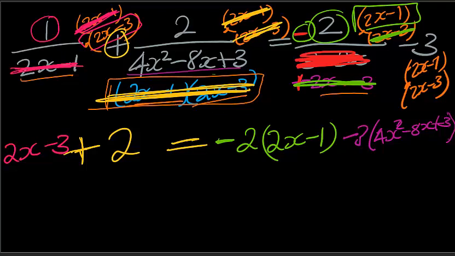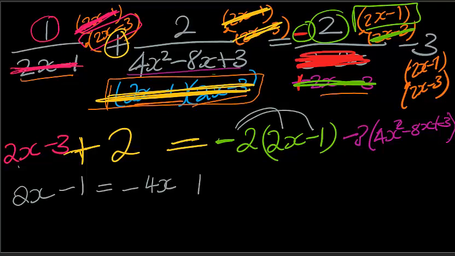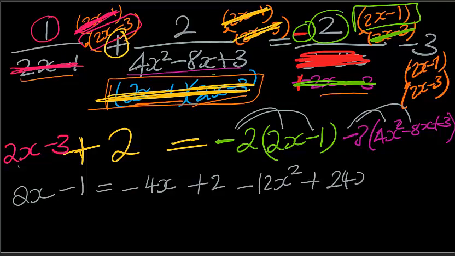On the left-hand side, I have got 2x minus 3 plus 2, which is minus 1, and that is equal to, on the right-hand side, I have minus 4x plus 2 minus 12x squared plus 24x minus 9.